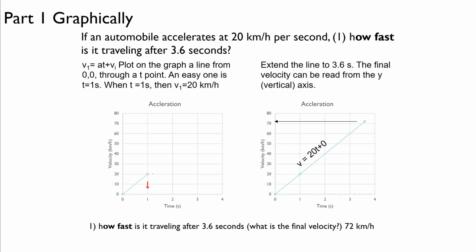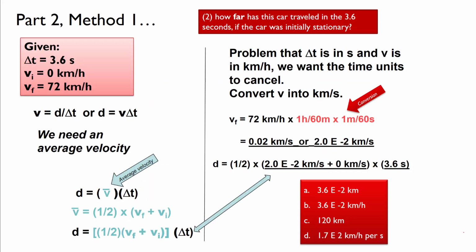So I've drawn a nice little line in here to indicate that. That's the start of my line. And of course, then I can extend it out to 3.6 seconds. And voila, there we are. We're at 72 kilometers per hour for a final answer. So if you'd rather set it up graphically, that's an easy way to do it.